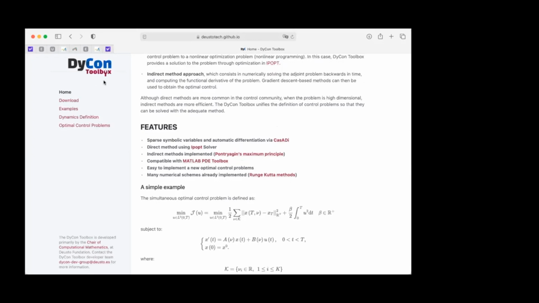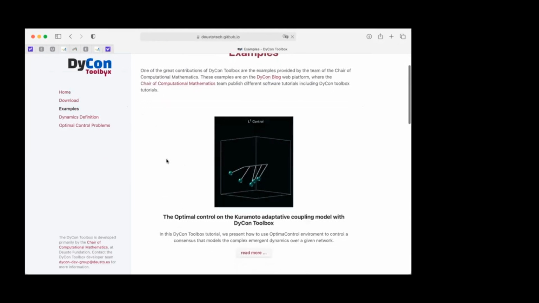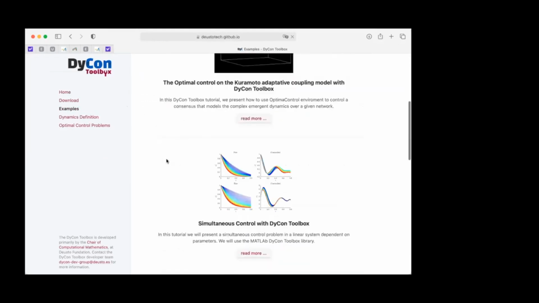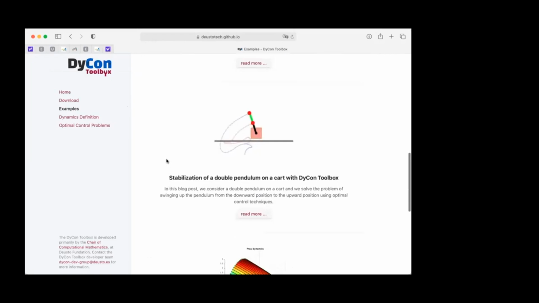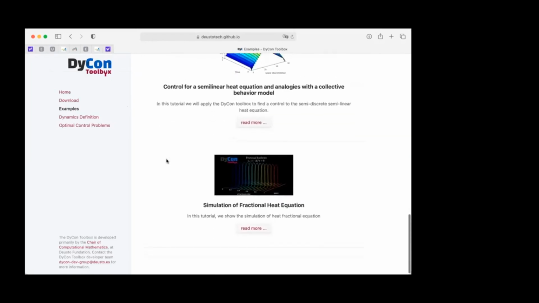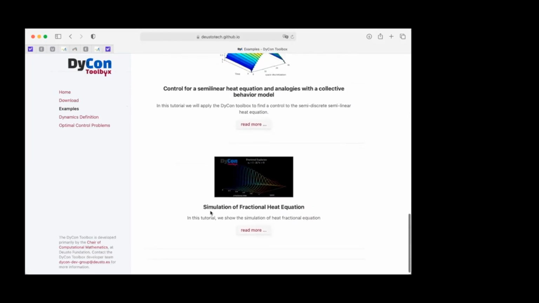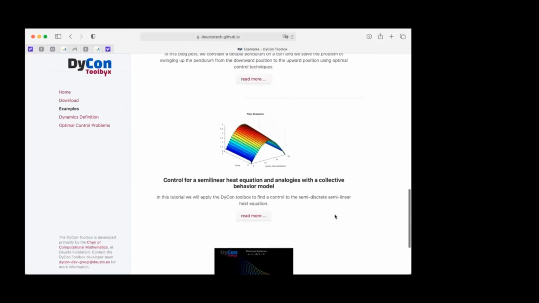Together with the toolbox in this web page, you will also find examples of problems that have been solved, and that could inspire you to see what you can do and how you can do it depending on the application you have in mind. So we see here, for instance, an application to the fractional heat equation.